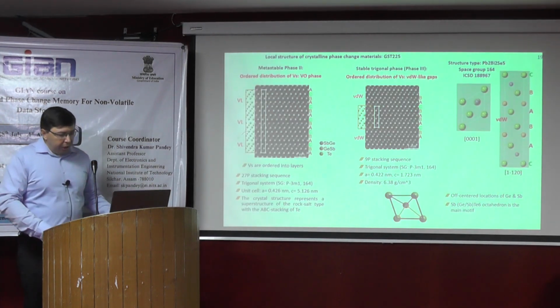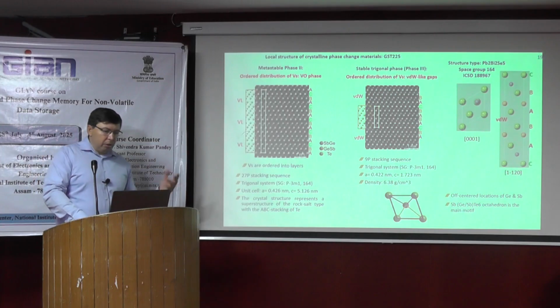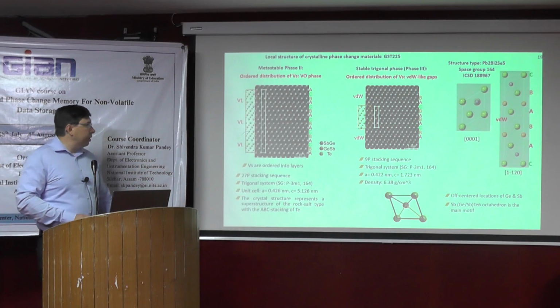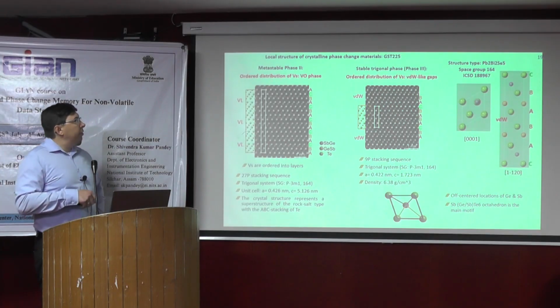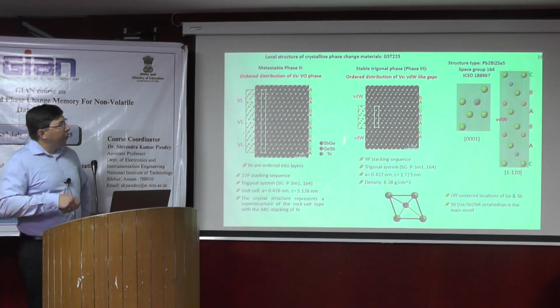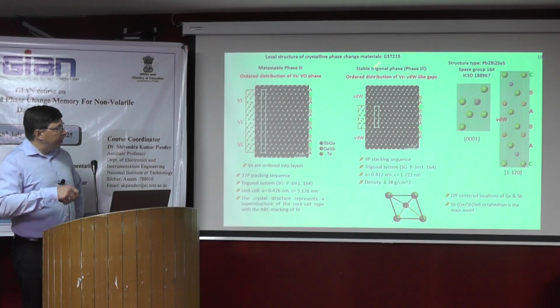The next phase transition occurs at a little bit higher temperature, like 300, 280 centigrade, and then we have the transition from this vacancy ordered phase to the stable trigonal phase.